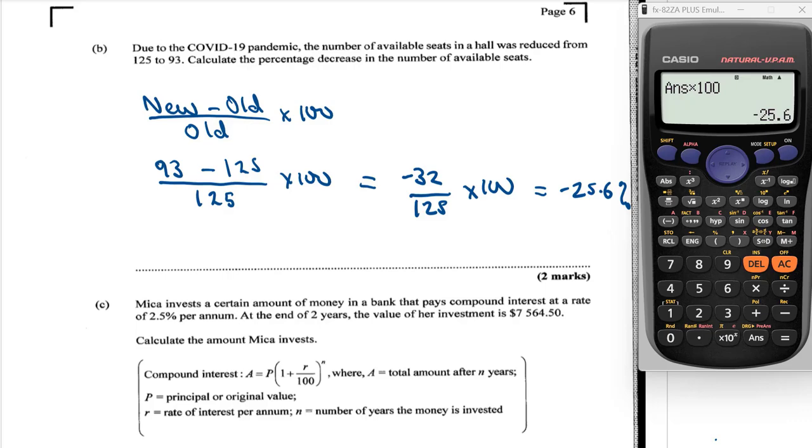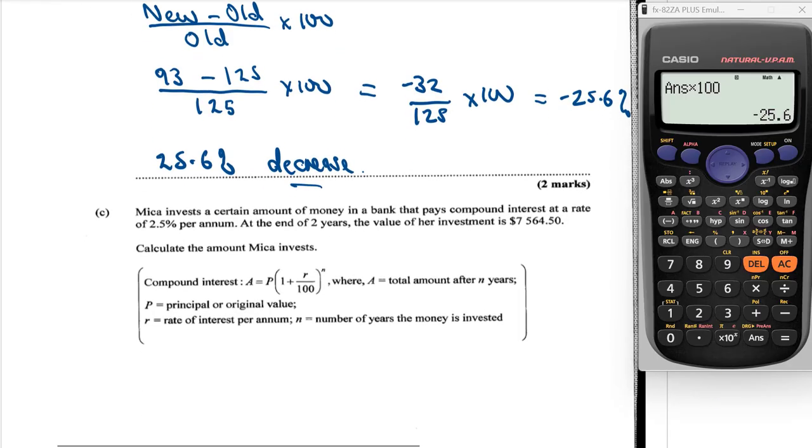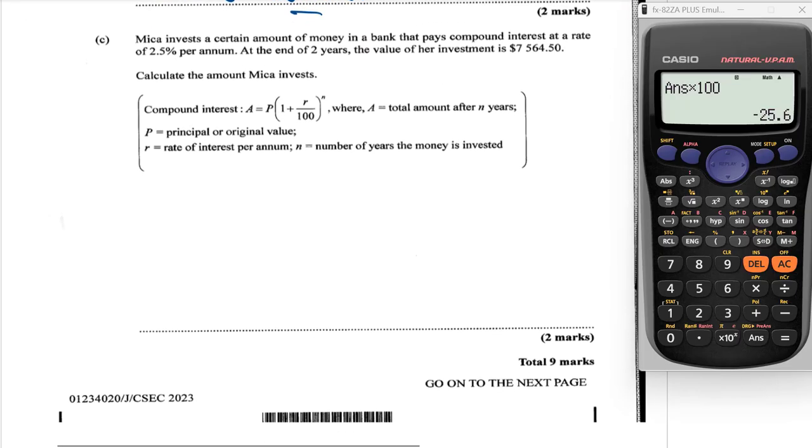The negative simply means there is a decrease. So we're going to state our answer: 25.6% decrease. Let's look at the next question.